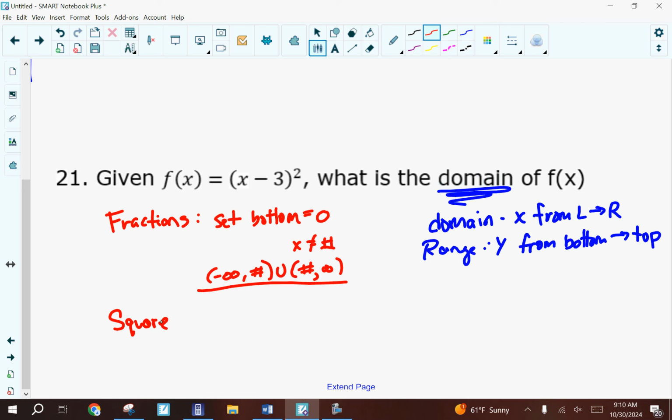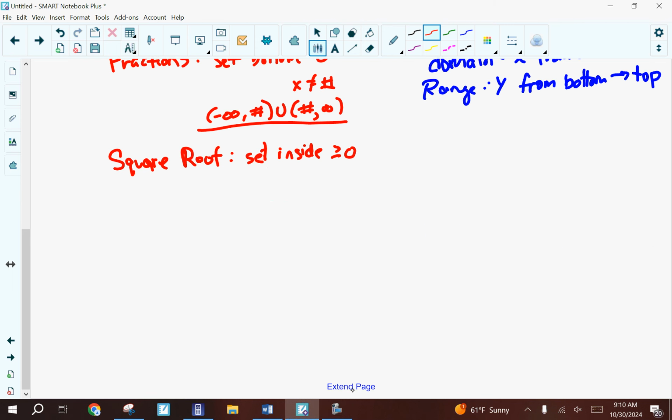The second type of problem is when you have a square root. And it specifically has to be a square root. It can't be a cube root. If you have a square root, you set the inside greater than or equal to 0. So if I had a problem that said square root of x plus 2, then I would take x plus 2 and set that bigger than or equal to 0.